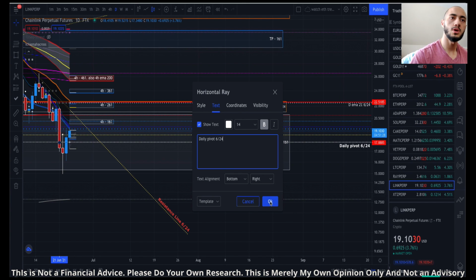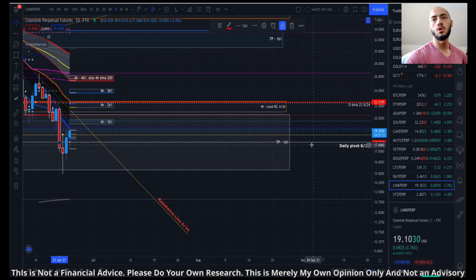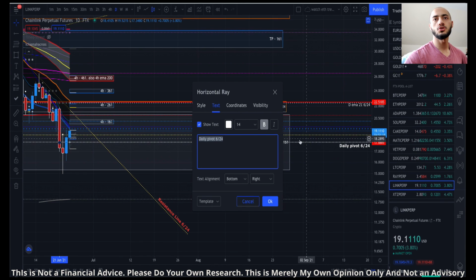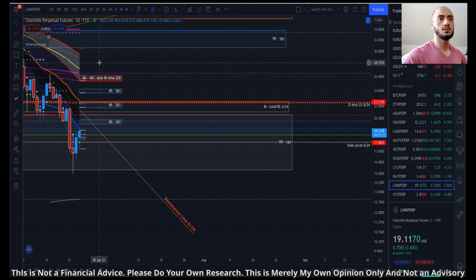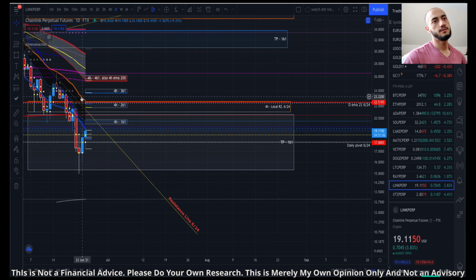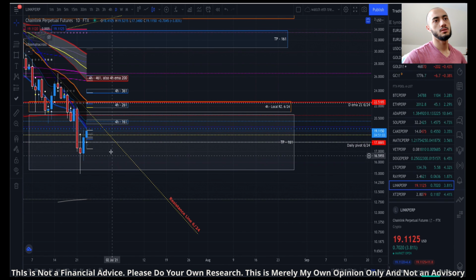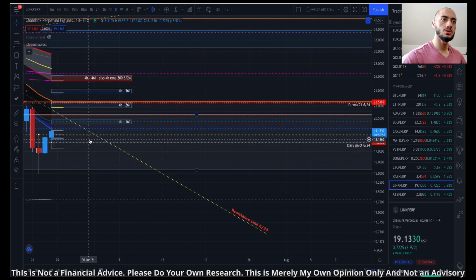Usually when we're above the daily pivot, the algorithm is in a buy order, they buy. When we go below the daily pivot, we short. So we're above the daily pivot. Is your first resistance right here? Touched it.